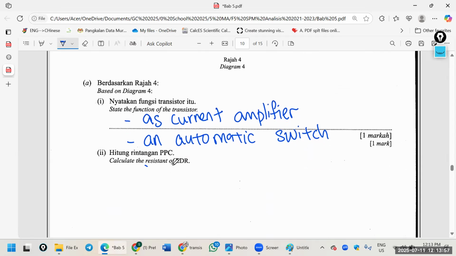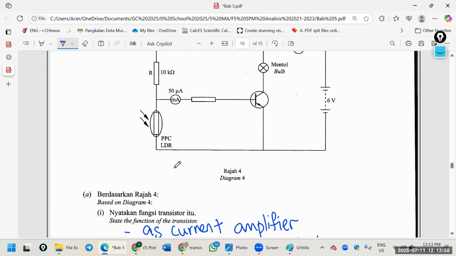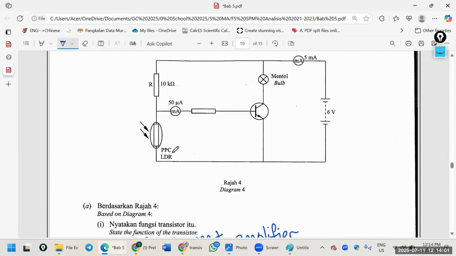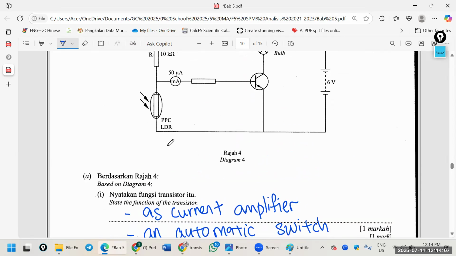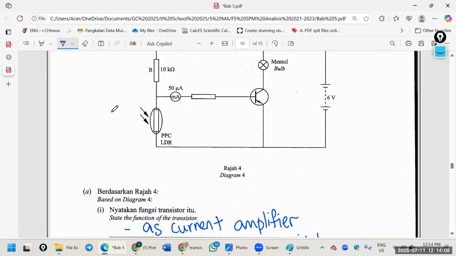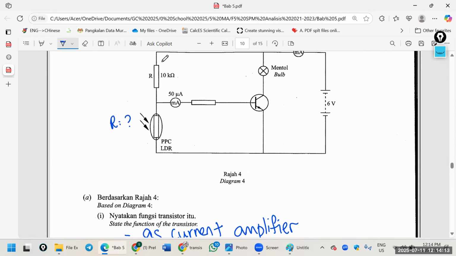Now, what is the resistance of LDR? So I would say this is R1, this is R2.